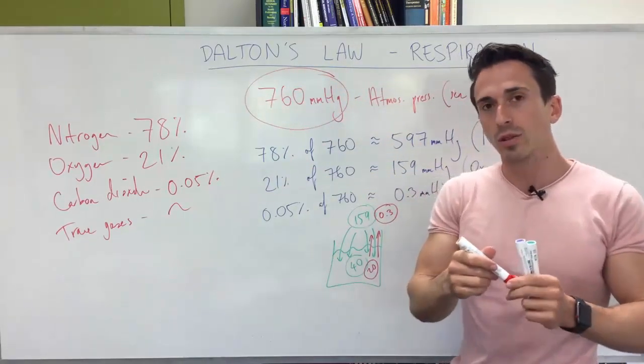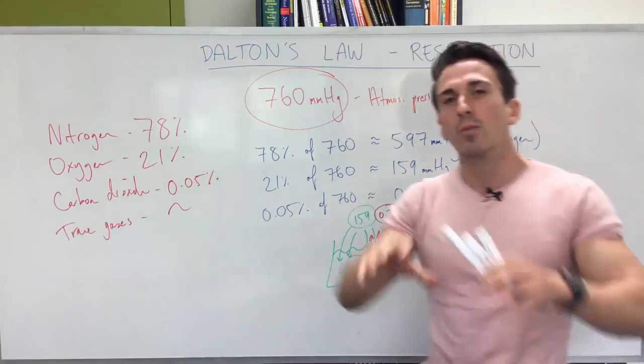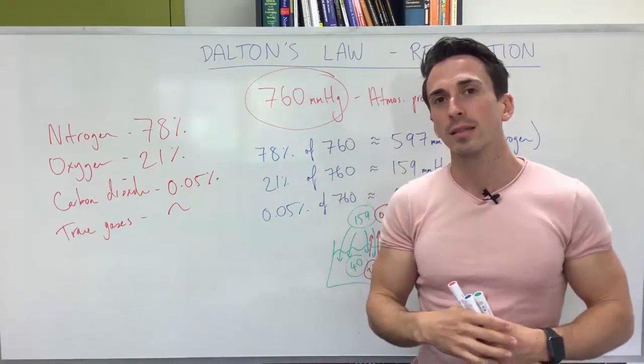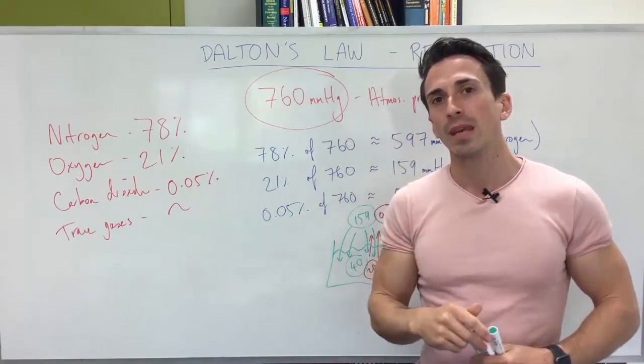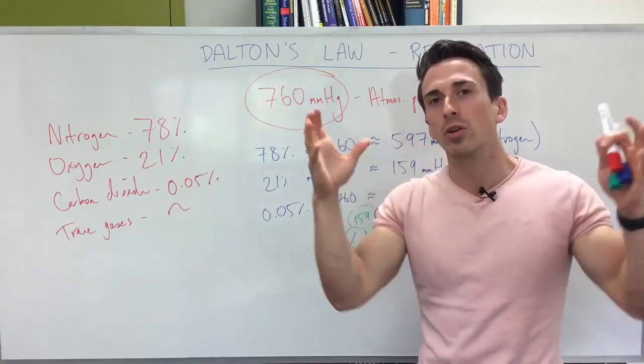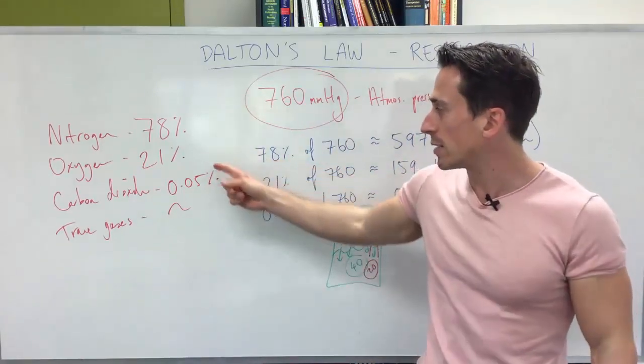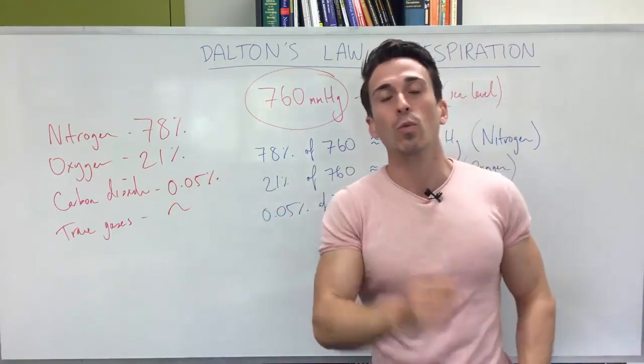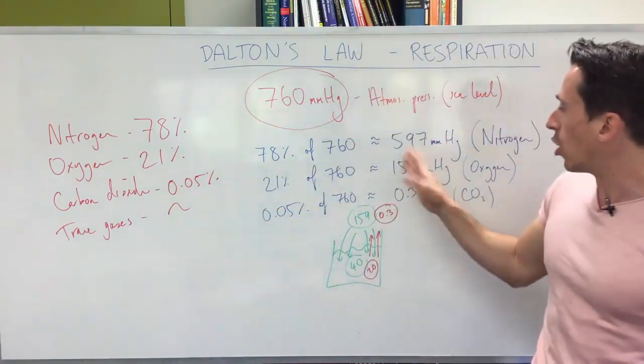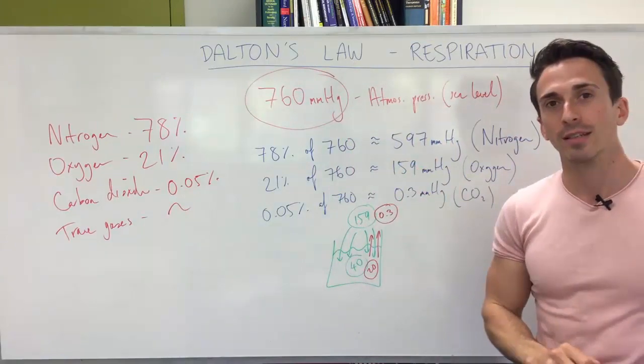So what is Dalton's law? Dalton's law states that when there's a mixture of inert gases, its pressure is going to be equivalent to the sum total of all the individual pressures. And if you know the percentage of those gases, you can easily calculate what's termed the partial pressure of those individual gases.